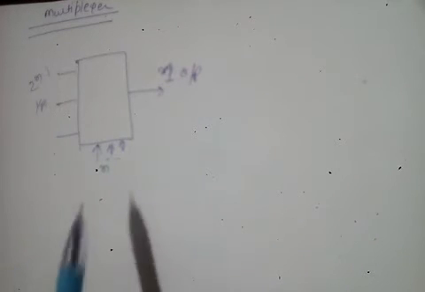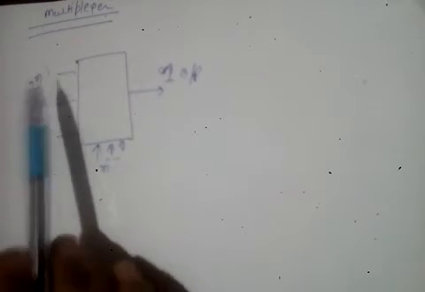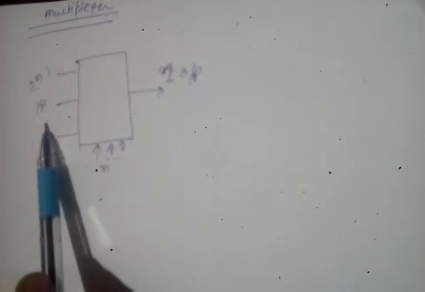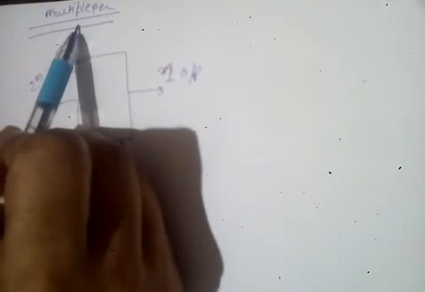And since there are n selection lines, there will be 2 raised to the power n possible combinations of zeros and ones, and each combination will select only one data input, and multiplexer is also called mux.